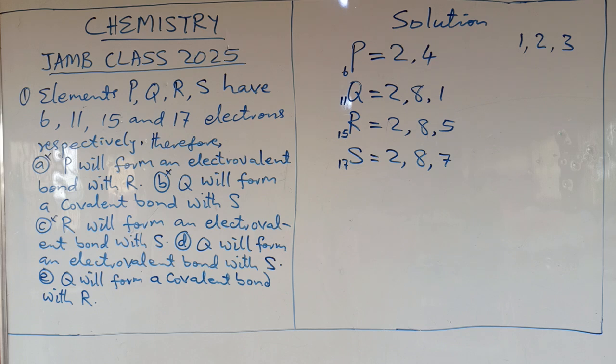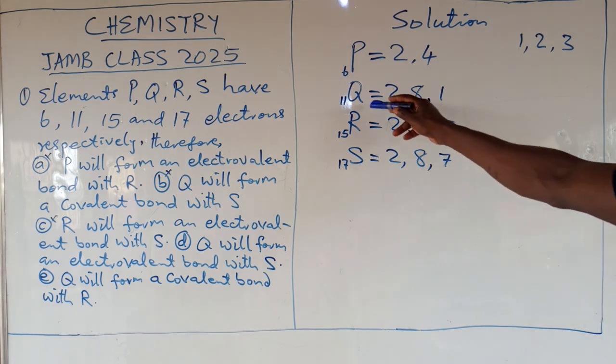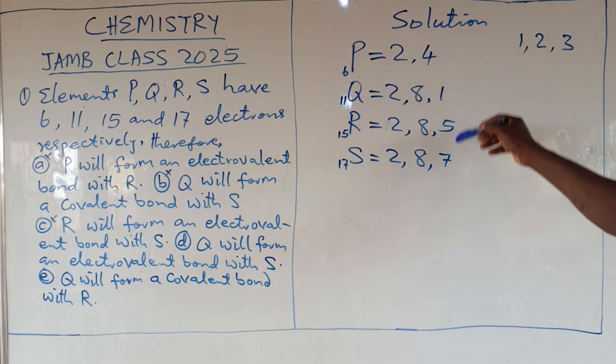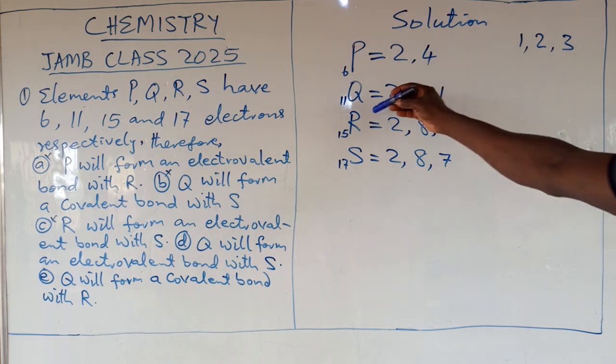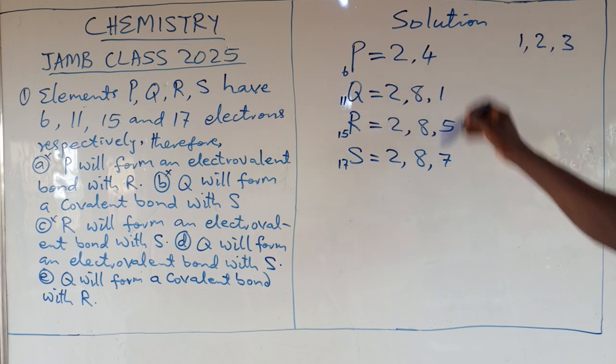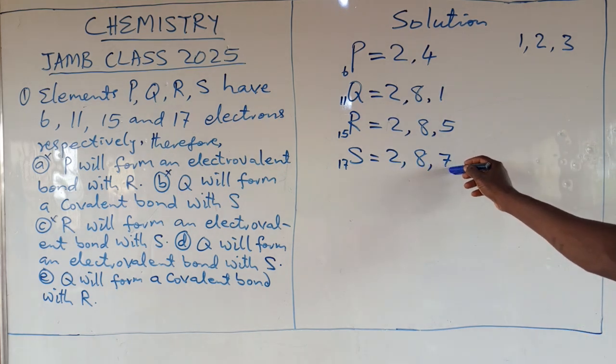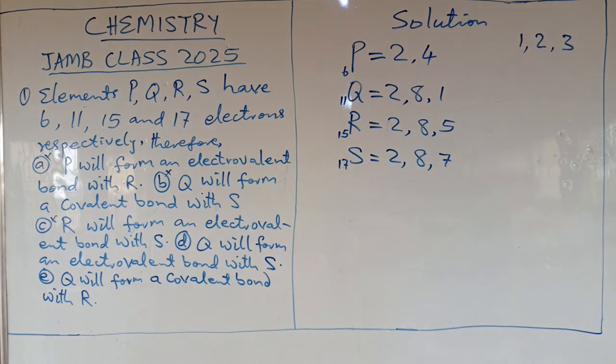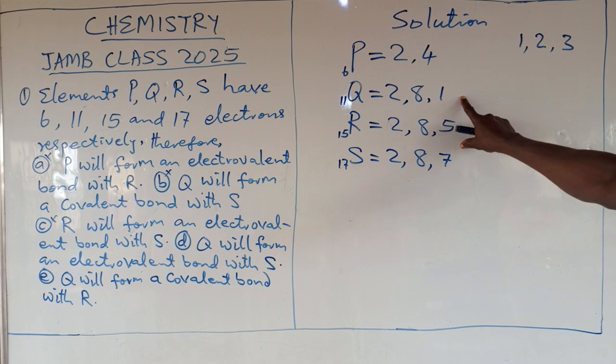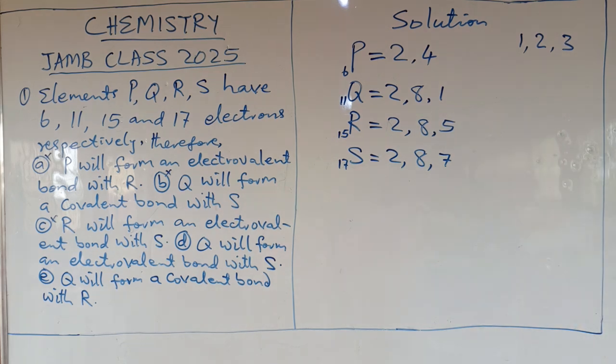Option D: Q will form an electrovalent bond with S. That means Q will give out its electron and S is looking for 1 to make it 8, so it will collect quickly. So that is going to form the electrovalent bonding.